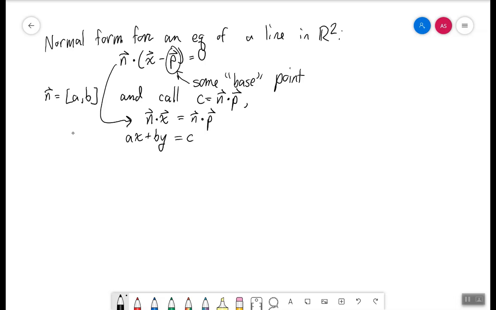And this is called the general form of an equation of a line in R2.